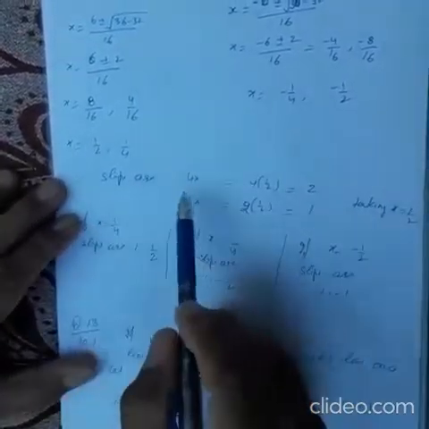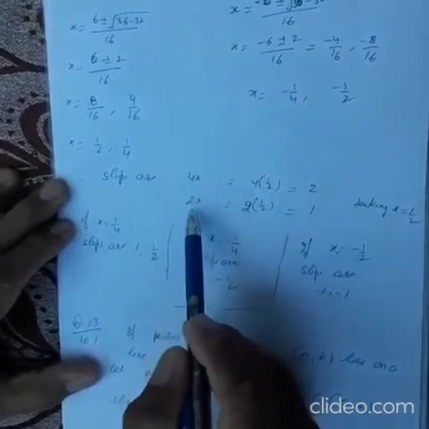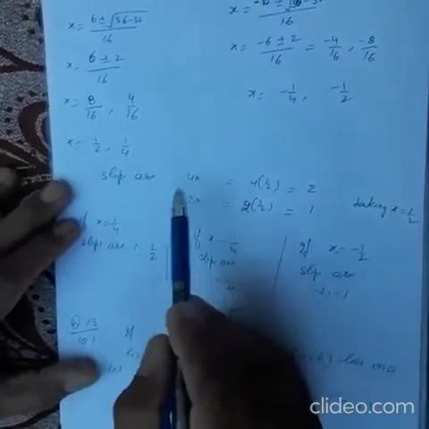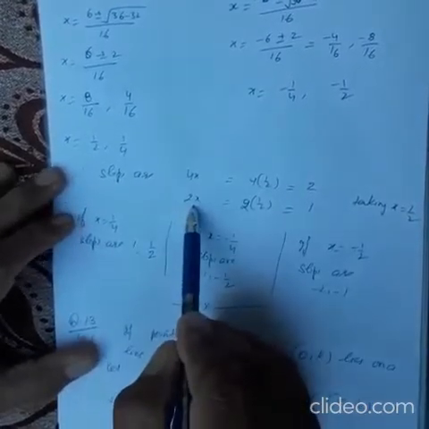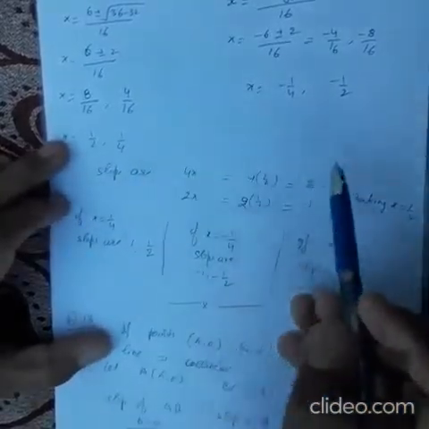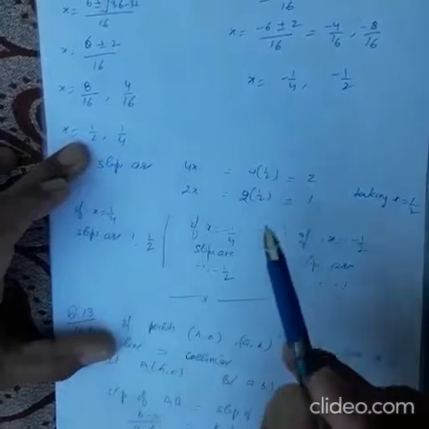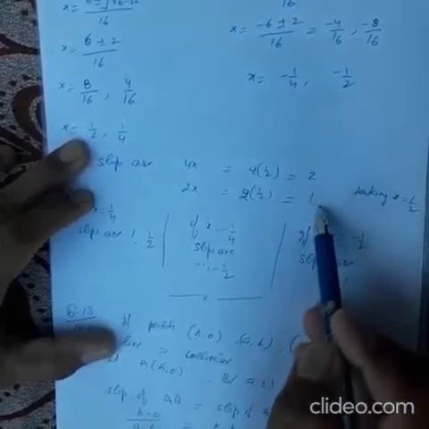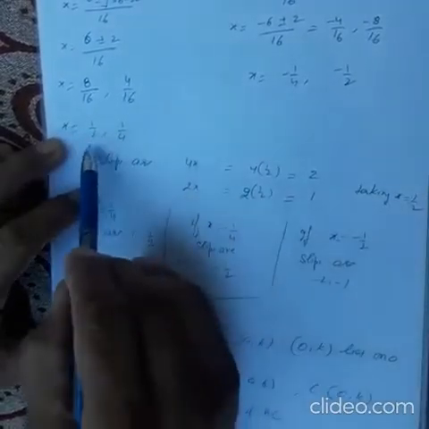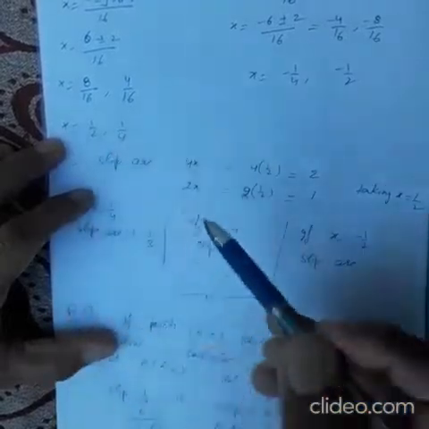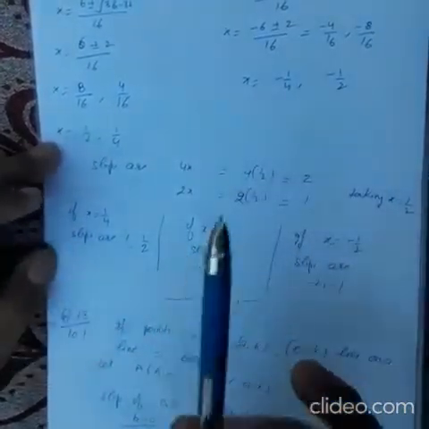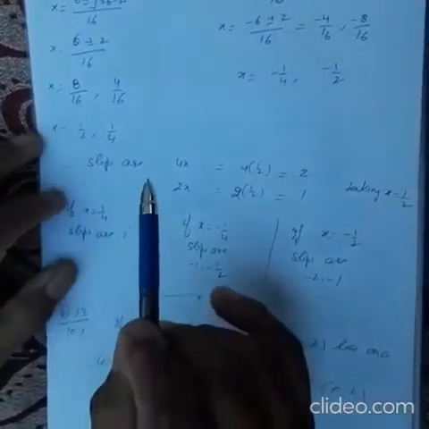So we will find the slopes using 4x and 2x. The slope of one line is 4x, the slope of the second line is 2x. Put the value of x. If you put x as 1 by 2, then the answers are 2 and 1. Because we have calculated 4 values of x, there will be 4 answers and all are correct.